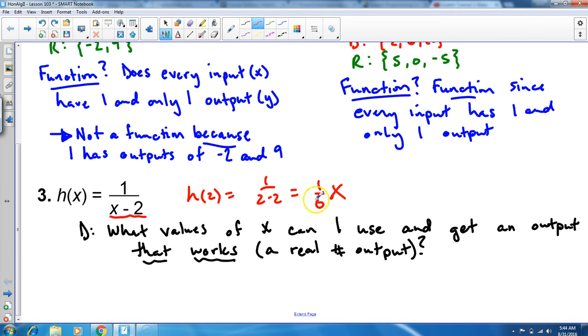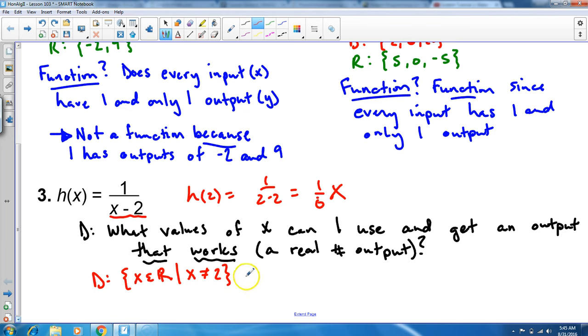So this is one case where we would have a restriction on our domain. That happens to be the only number that you can't plug into this thing and get a real number for an output, or get something that works. So we're going to look at that set notation again. We're looking at real number values of x, so all the x in the real numbers, such that x is not 2, because that's the only one that does not work.